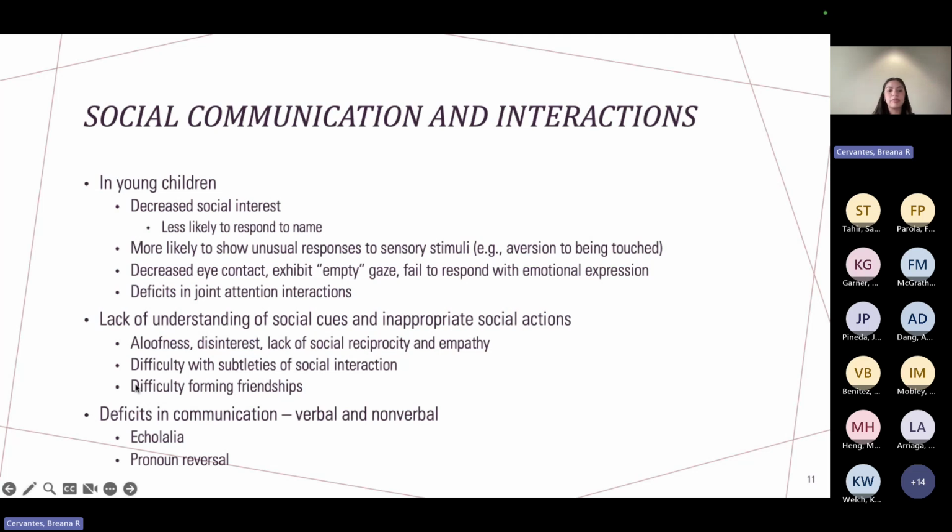And then in terms of the communication, that can be either verbal or nonverbal. You're going to see impairments whether the person is verbal or nonverbal or both. Echolalia is one thing that we might see, this repetition of a phrase or a word at the end of the sentence, or just repeating back something.